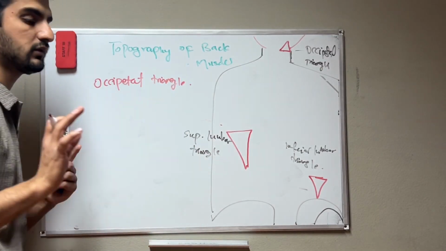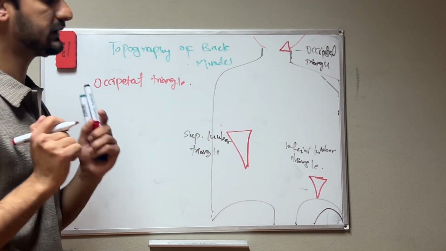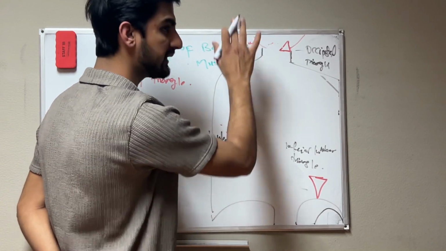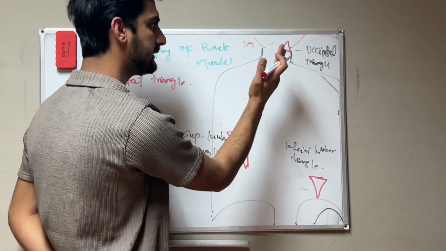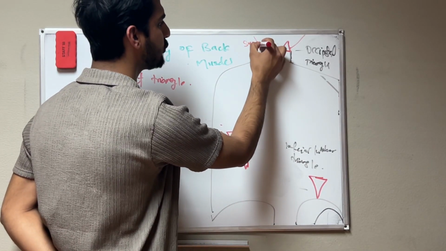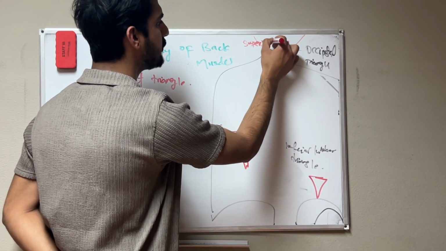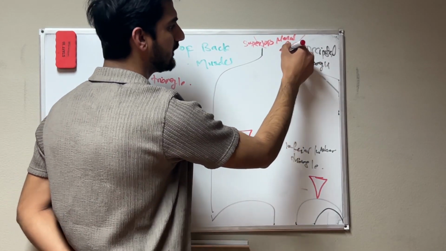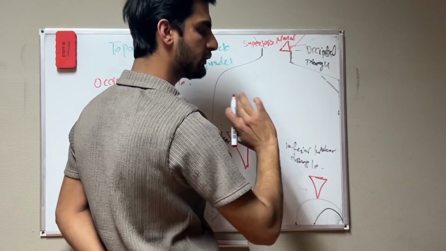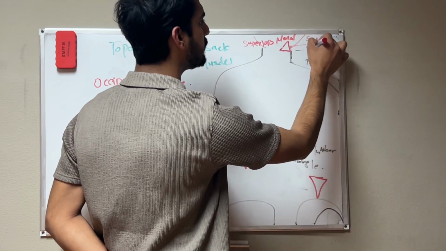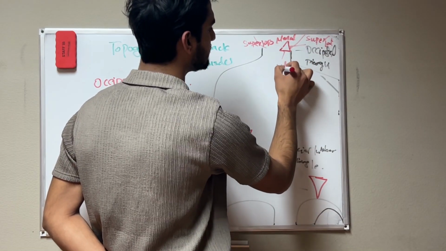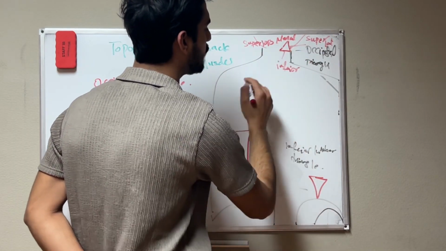The occipital triangle has three boundaries. This one is the superior medial boundary, because it's on the superior side and lying near the middle. This one is the superior lateral boundary, on the superior side and located laterally, and this one is the inferior boundary. Now I will show which muscle lies in each.